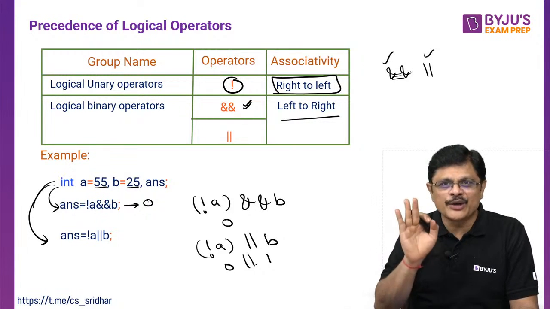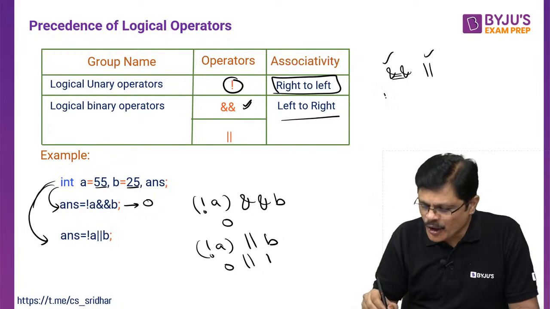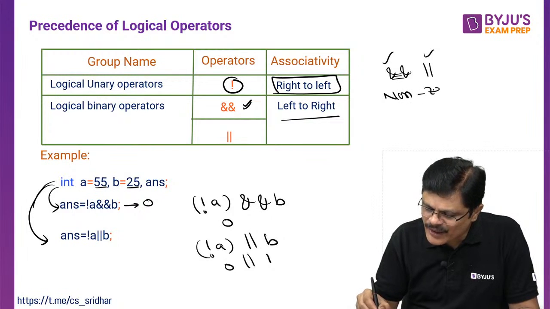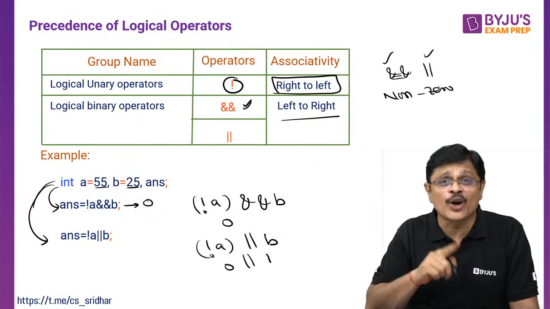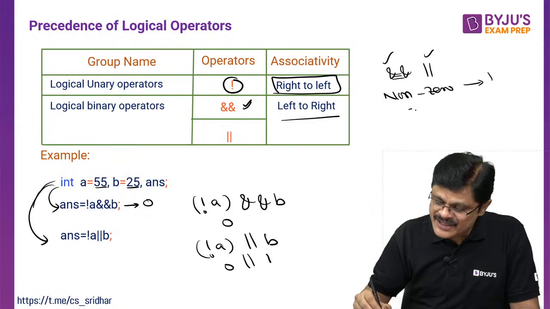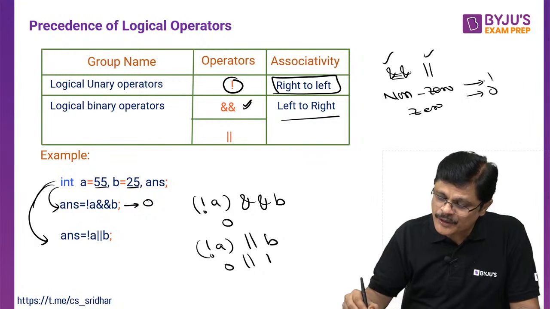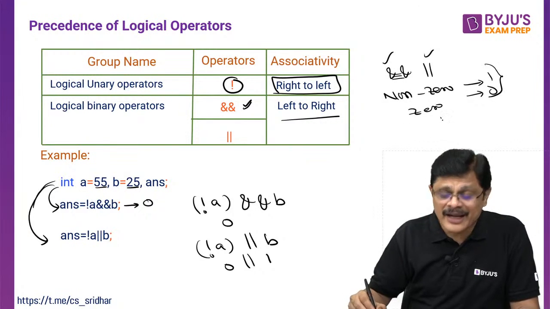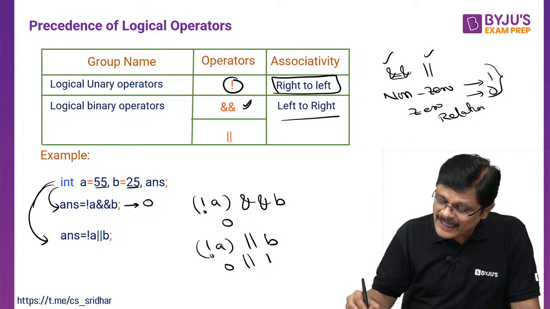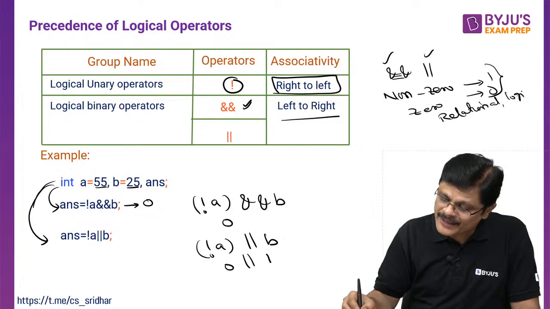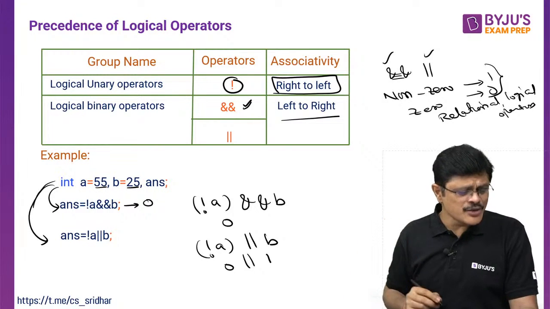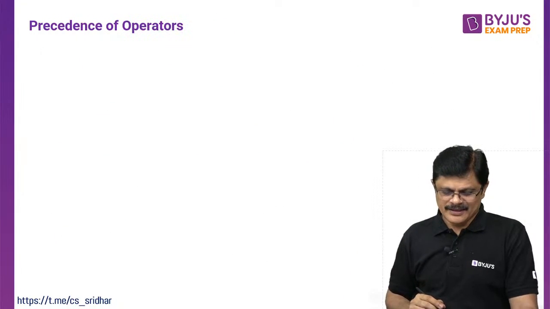That is what we need to note in C language. Non-zero is considered as 1, especially with relational and logical operators, and 0 is considered as 0 together with relational and logical operators. Please note this point, my dear friends.